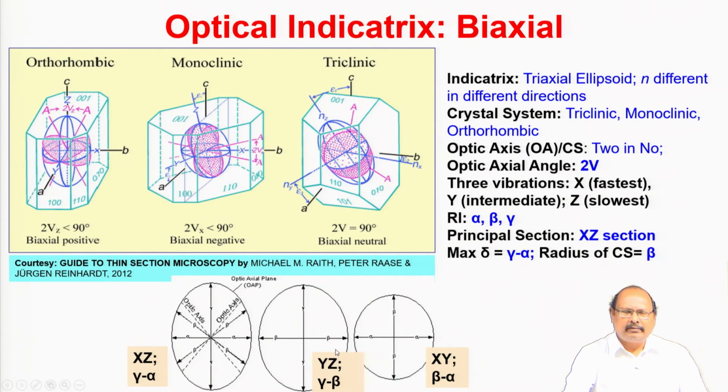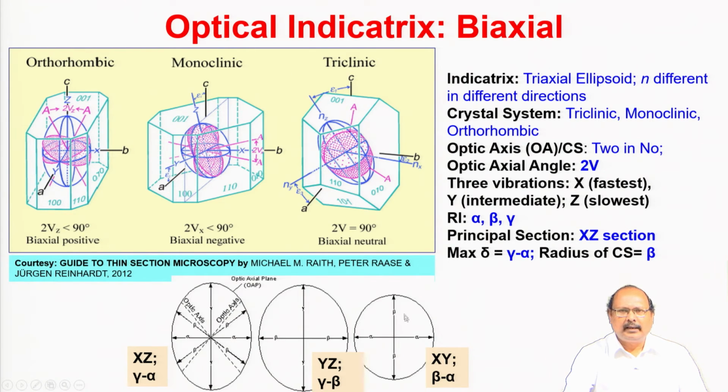You can also have a section which is perpendicular to xz, this is the yz section. So, what you have here, the refractive index corresponding to z is gamma, and the refractive index corresponding to y is beta. So, you have gamma minus beta, it is still an ellipse, and gamma minus beta will be lower than gamma minus alpha.